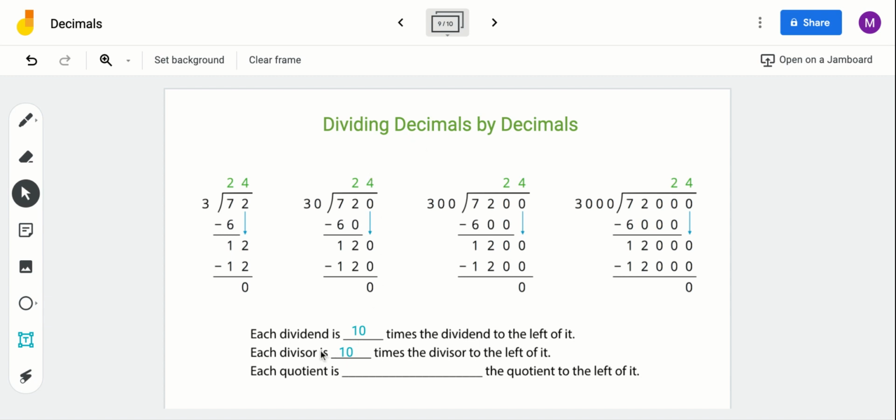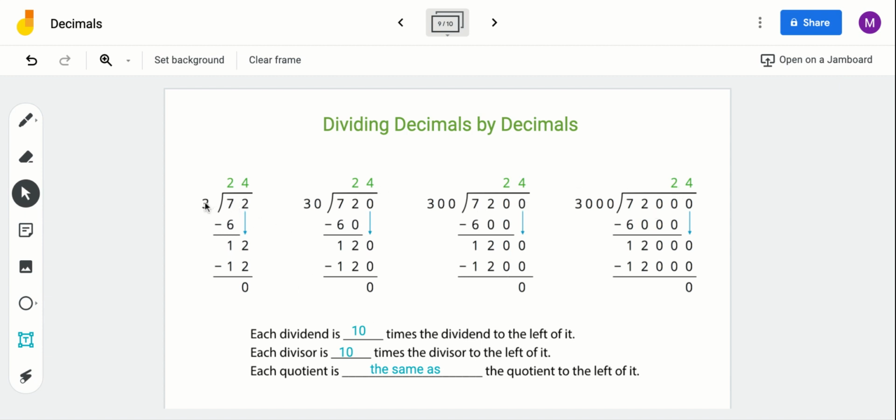Now we're going to look at the quotients. Each quotient is blank the quotient to the left of it. 24, 24, 24, 24. So each quotient is the same as the one next to it.